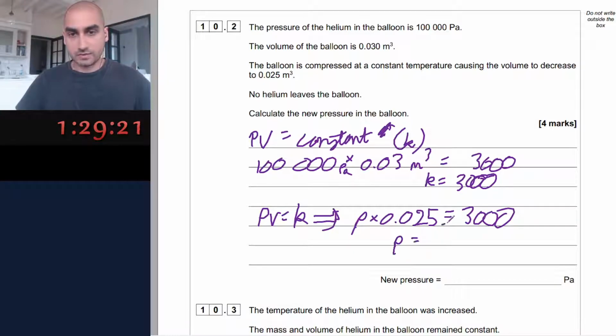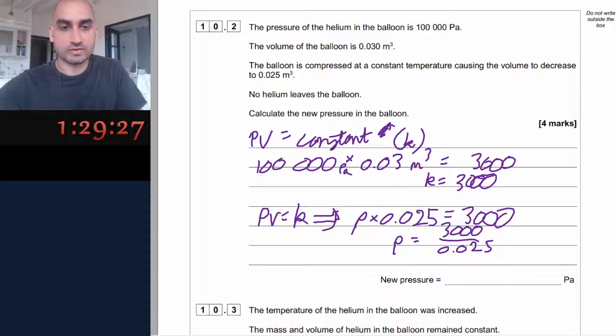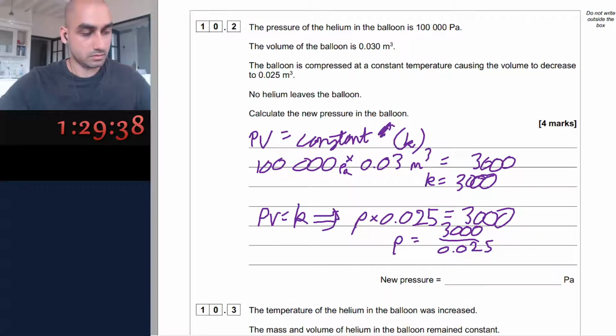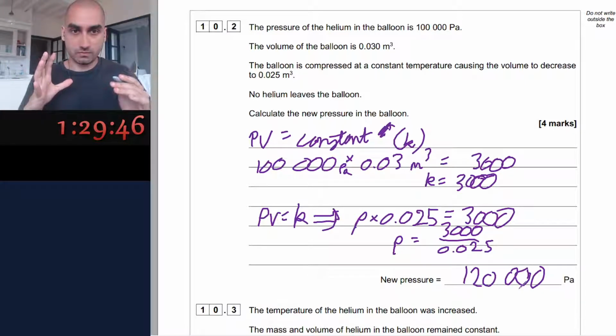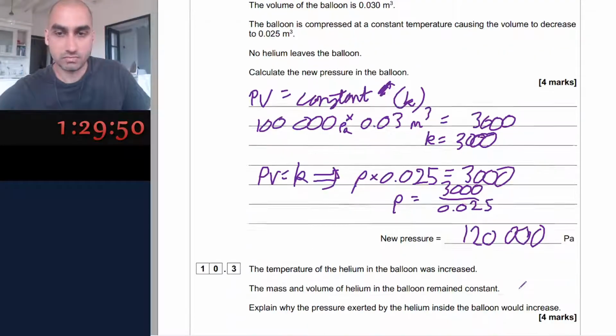So P equals 3,000 over 0.025, which is 120,000. Does that sound right? So you've decreased the volume by a bit, pressure goes up by a bit. Yep.